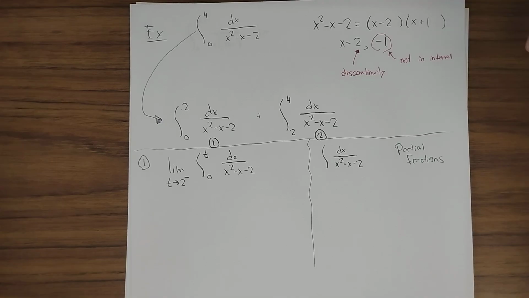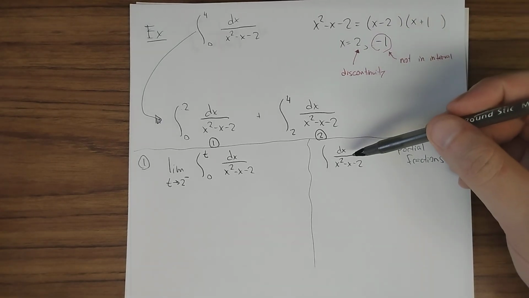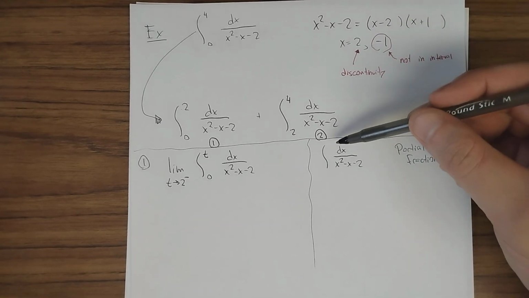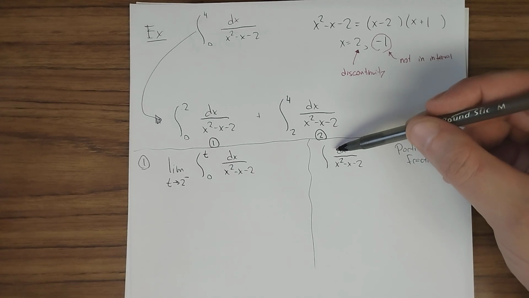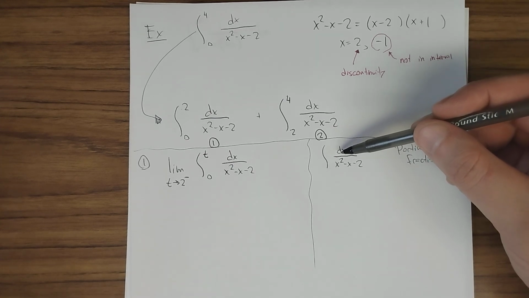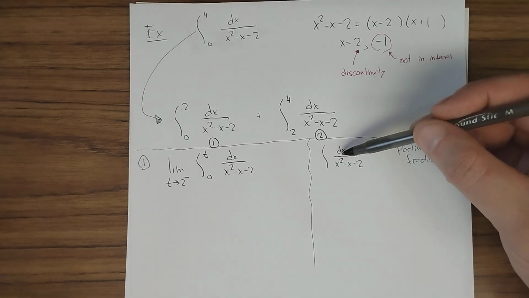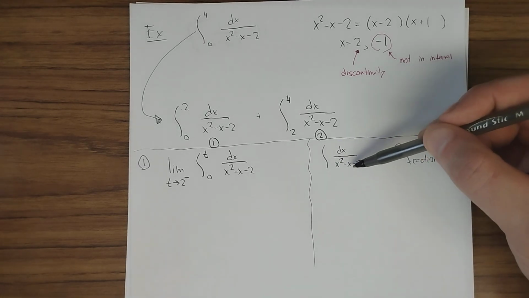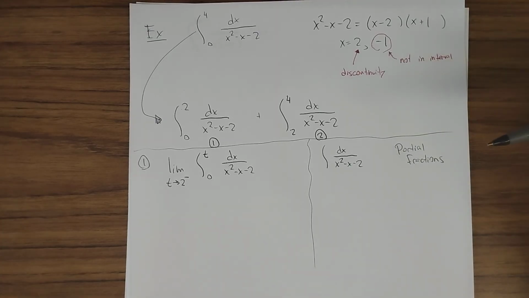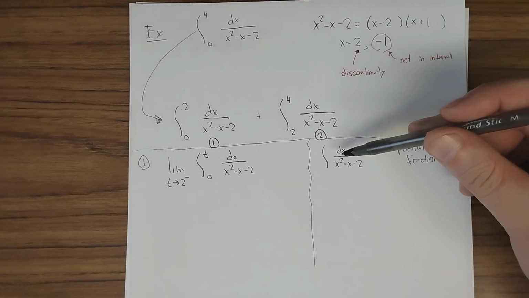Okay, let's run through the steps. First, we should check whether we need to do long division. The degree on top, I don't see any x's on top, so I can act like the top is like x to the 0, so the top has degree 0. The bottom has degree 2, so I don't need to do long division.